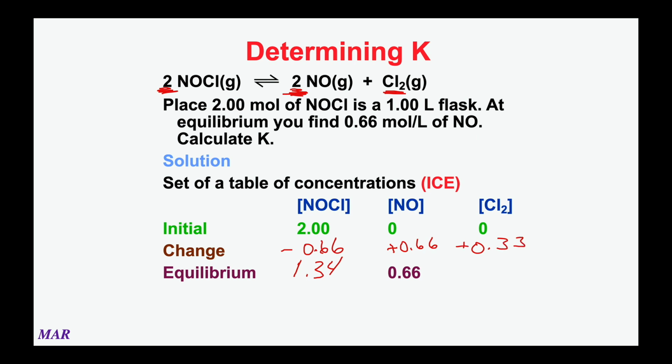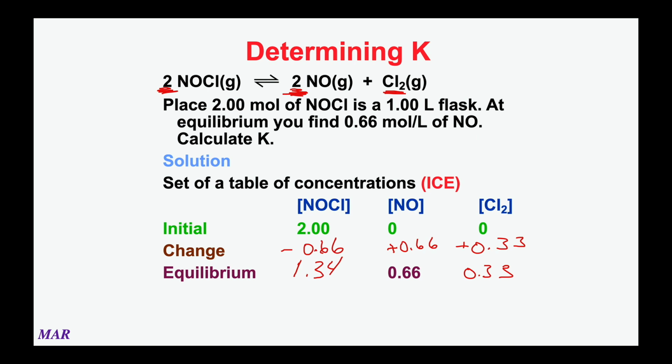It went up 0.33 moles per liter. Again, it all comes back to that stoichiometry, that 2 to 2 to 1 ratio. 2 NOs that are made means that 1 Cl2 is made, or 0.66 divided by 2 essentially is 0.33. So at equilibrium, this is going to be 0.33. You can always use stoichiometry to figure those equilibrium values out if you want to.